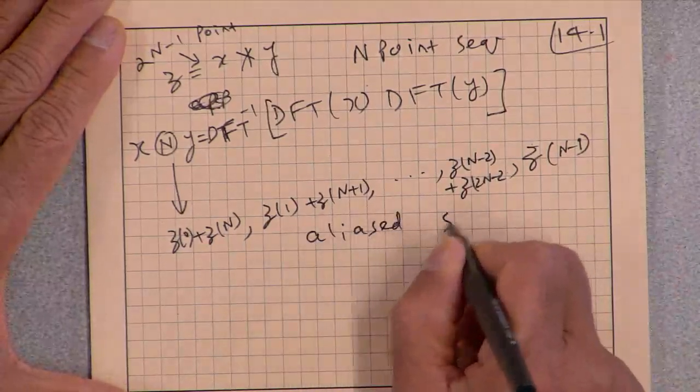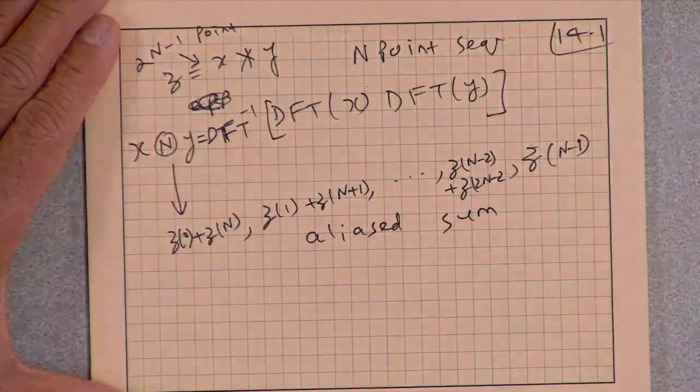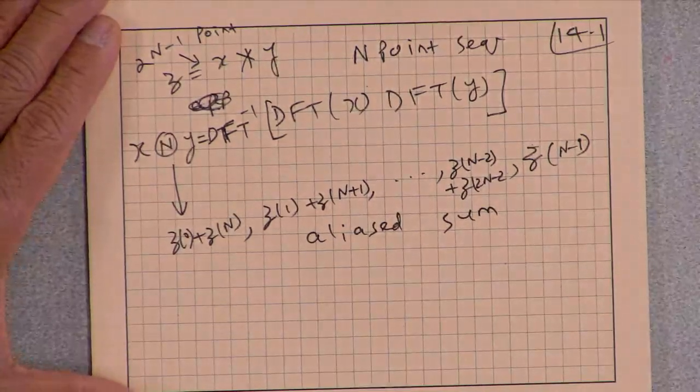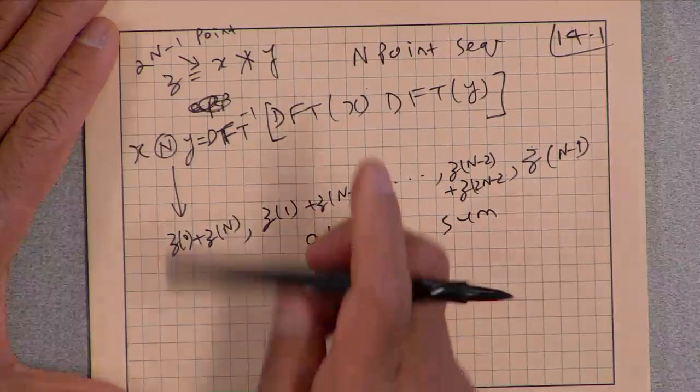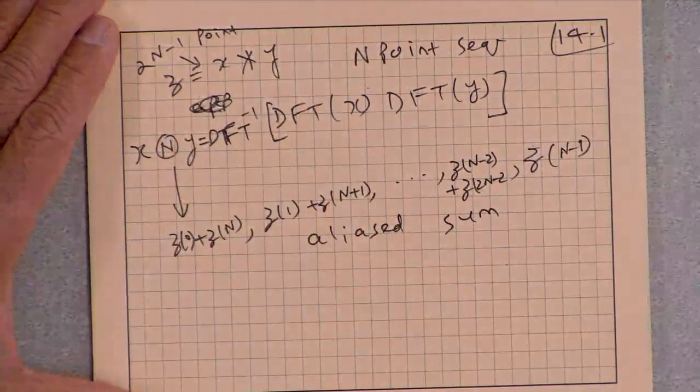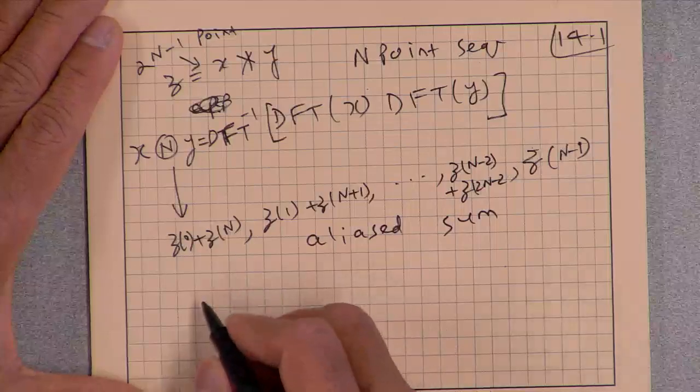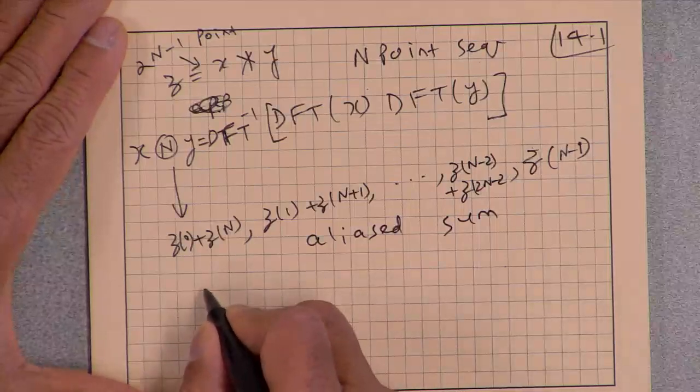Okay, so you probably remember a little, and one way to make sure that the linear convolution and circular convolution give the same results is to append.